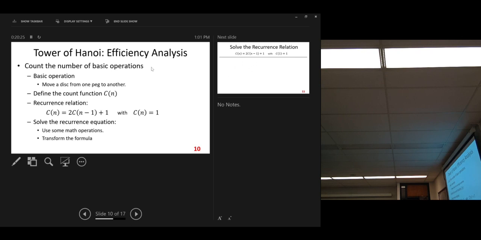Transform the formula. If we work on this formula directly, it's hard, right? We will have this situation frequently: when we work on a particular formula, it is very hard. In this situation, you should think about how to transform the formula, change the form, to an equivalent form.